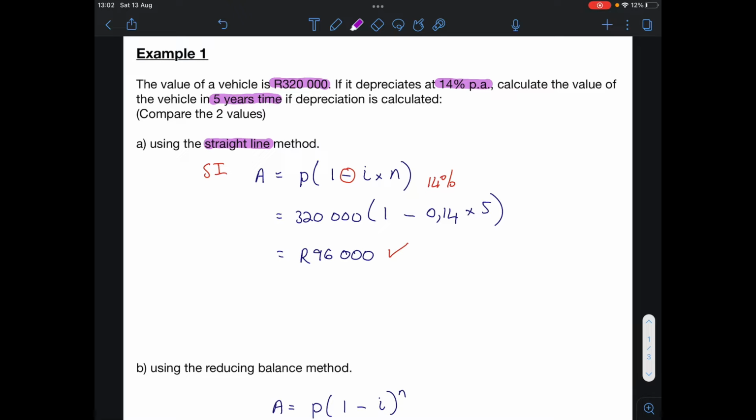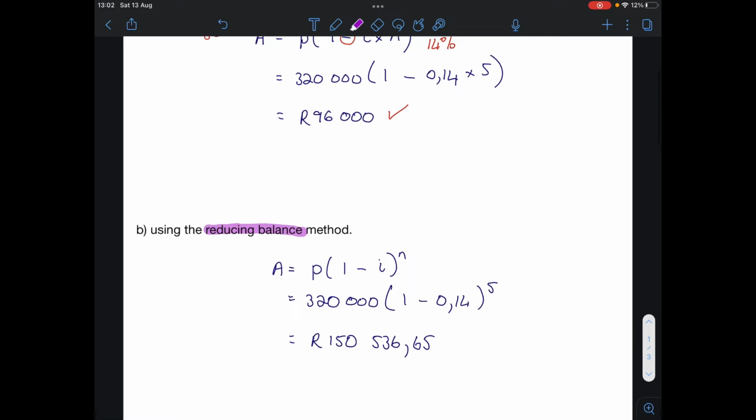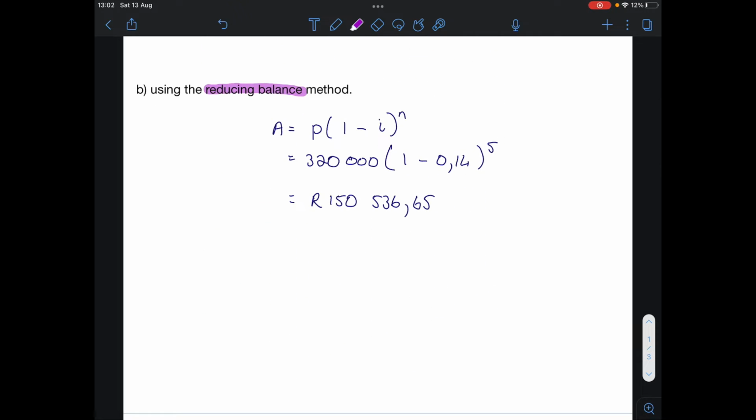Now the second type is if we use the same values, but we use the reducing balance. So let's see what that looks like. It's still 320,000, 14%, but for 5 years, and because it's compounded, it is to the power of 5, and that gives us 150,536 rand and 65 cents.